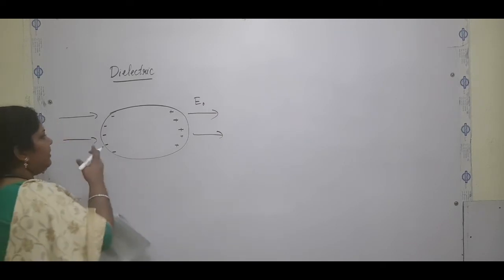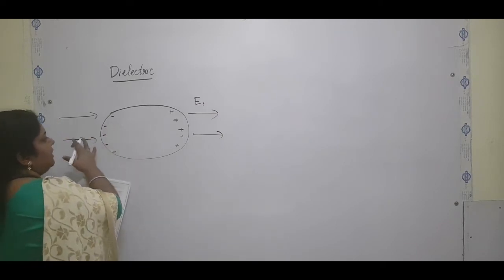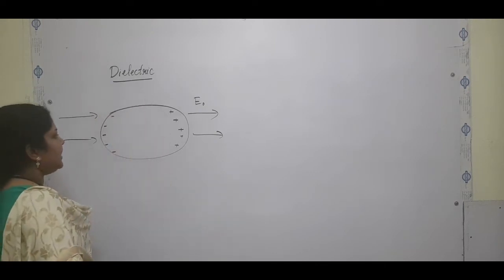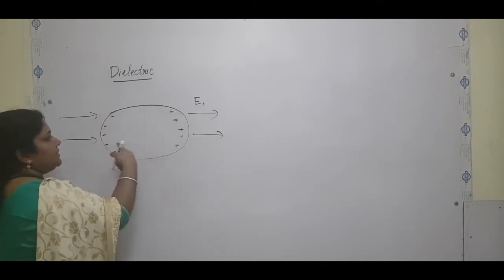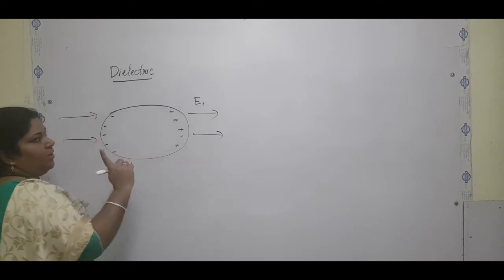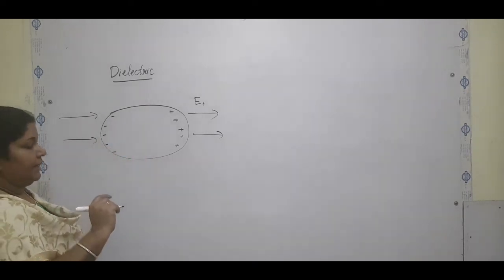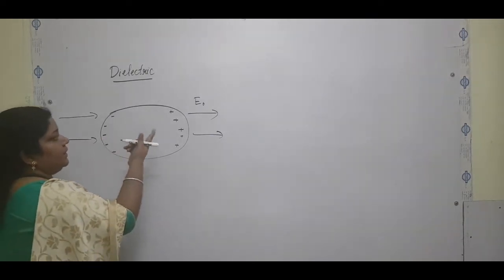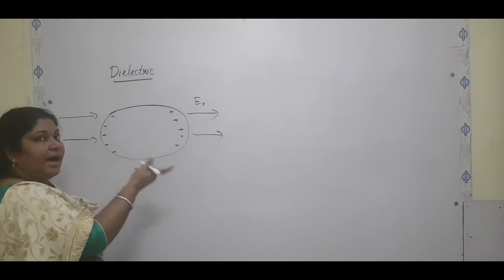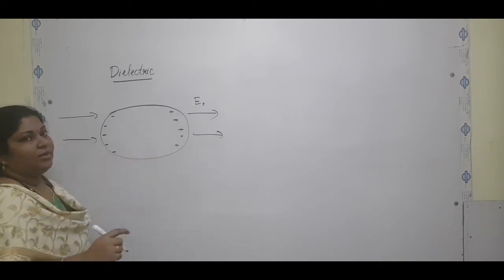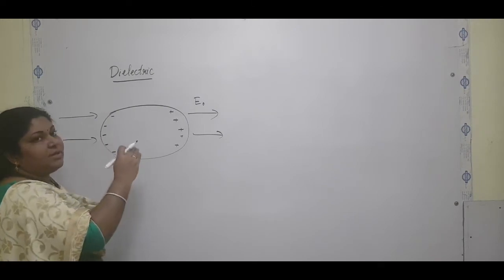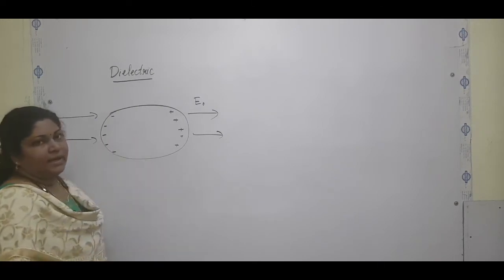Because of the external field, all the negative charges come to one side, all the positive charges go to the other side, and an electric field is induced in this conductor, which we call the induced electric field. When you add these two, the external electric field and the induced electric field, the total will be equal to 0, or the induced electric field is just compensating the external electric field.